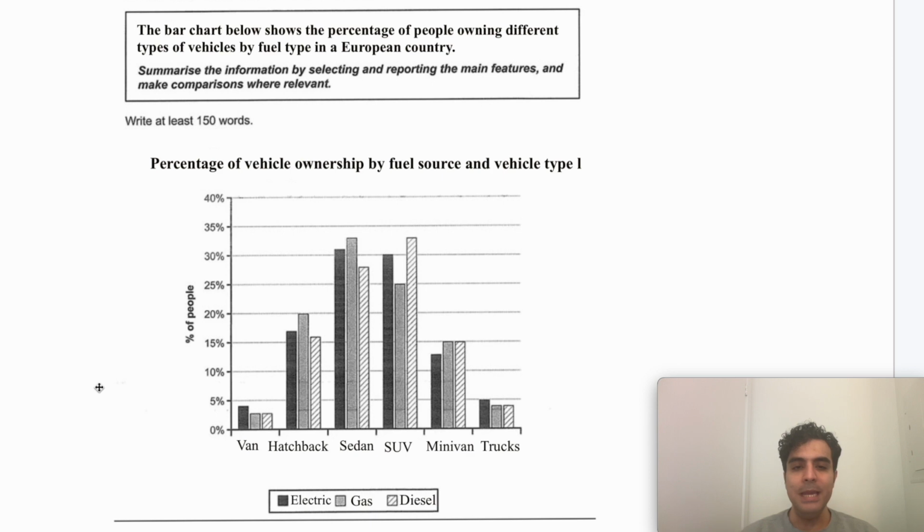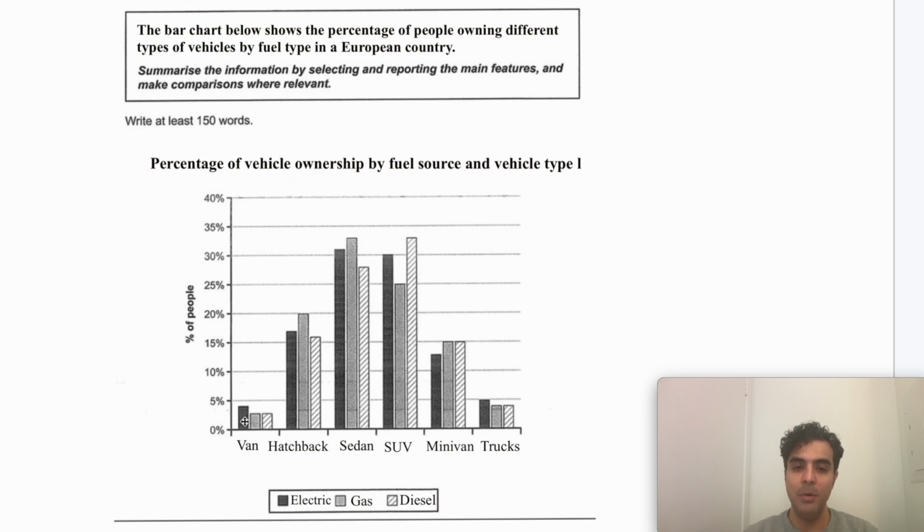Well, maybe if I just compare 2 of the categories, I'll find something meaningful. For example, what if I compare electric vehicles to diesel? Okay? It seems that in vans, hatchbacks, right? So we're again comparing electric and diesel.